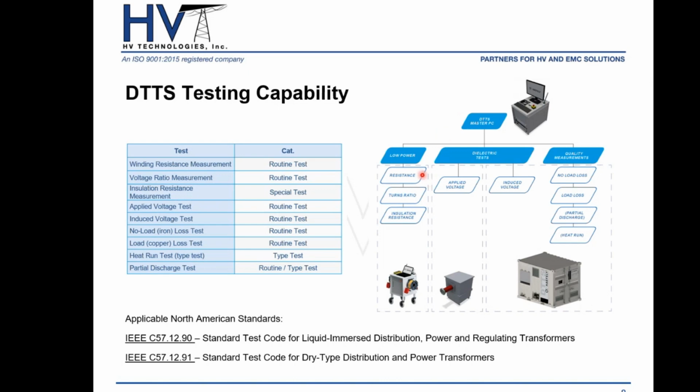It's a compact system, and it conforms to the applicable North American standards, which are the IEEE C57.12.90 and C57.12.91. So you have a complete distribution transformer testing solution in a very small footprint.